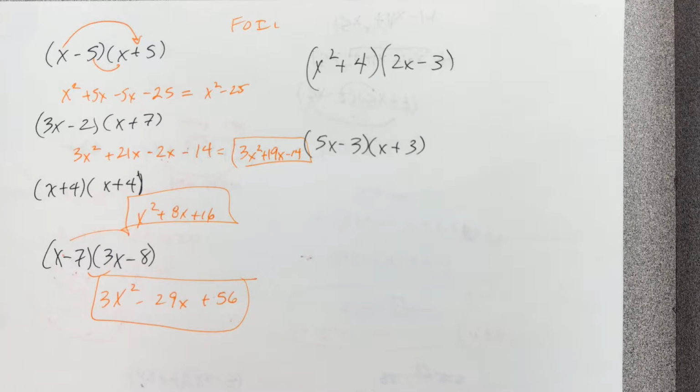Well, I did come up with 3x squared negative 29, but I left out the x. Plus 56. And then I added them. Isn't that funny? We write the wrong thing, and you know better, but then you do what you wrote. Story of my life. But yes, that happens. Now that I put the x right there, it's right.